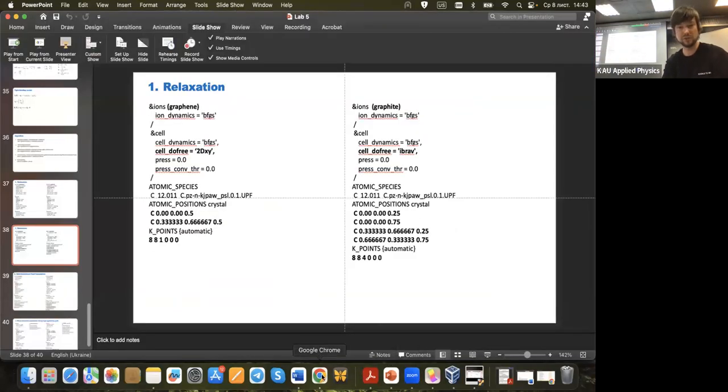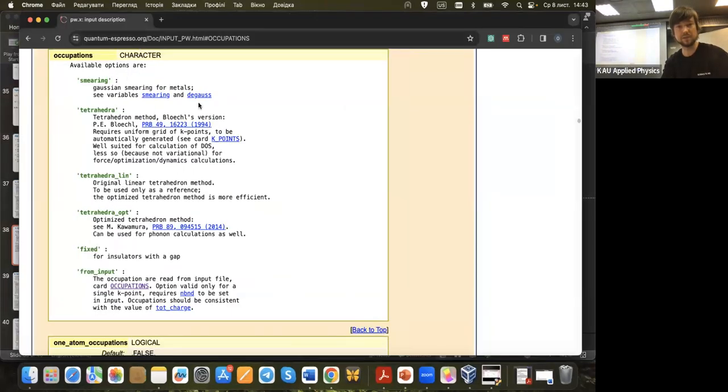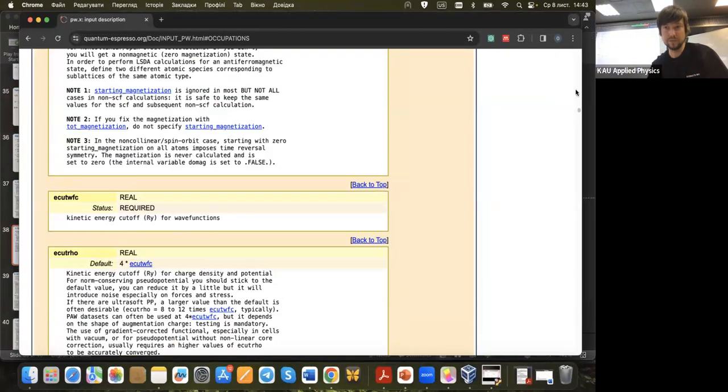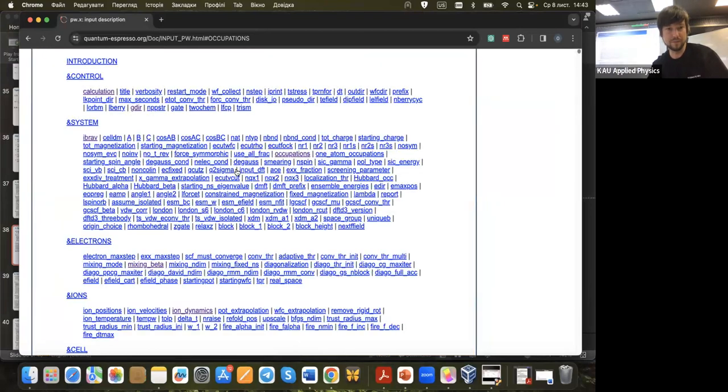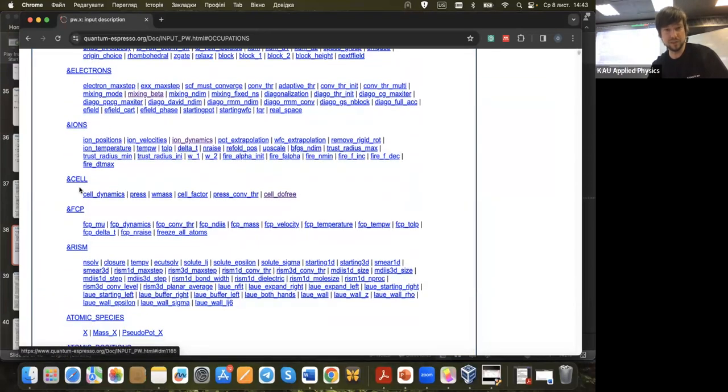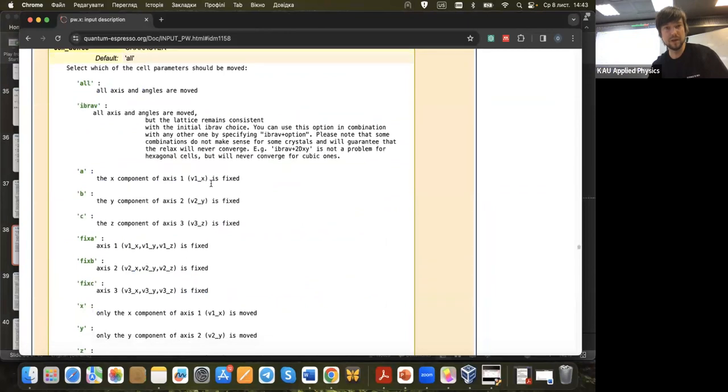I can show you it here. Here is cell do free, and we have a lot of possibilities. ibrav means that all axes and angles are moved, but the system remains the same.